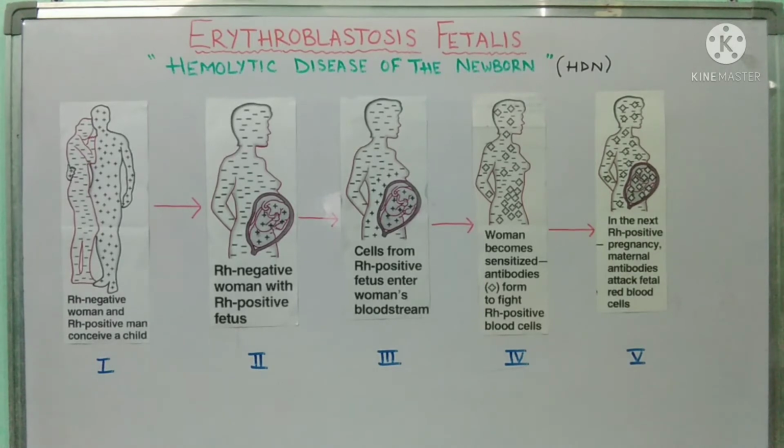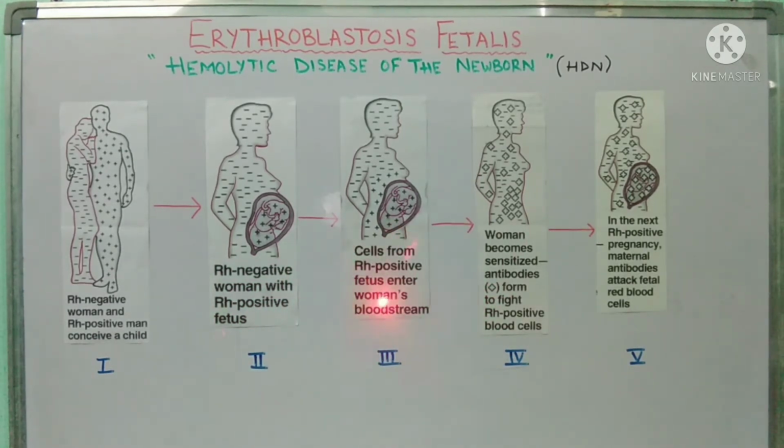Now let us look into the figure. In case 1, we can see that the woman is Rh negative and the man is Rh positive. In such a case, the Rh negative mother can conceive an Rh positive fetus. In case 2, the Rh negative mother conceives an Rh positive fetus because the father was Rh positive.